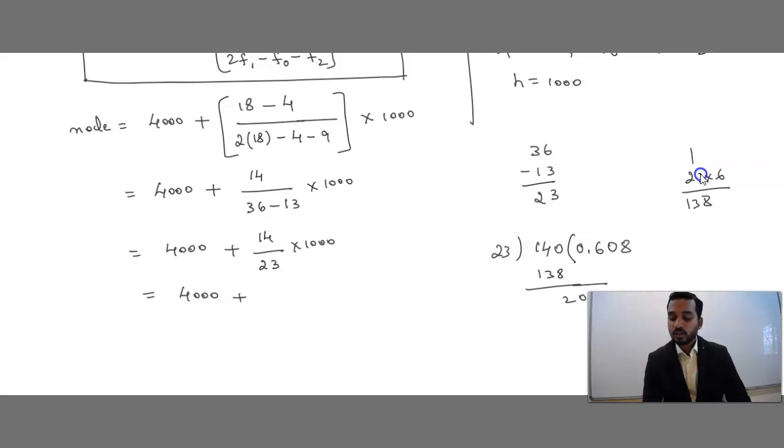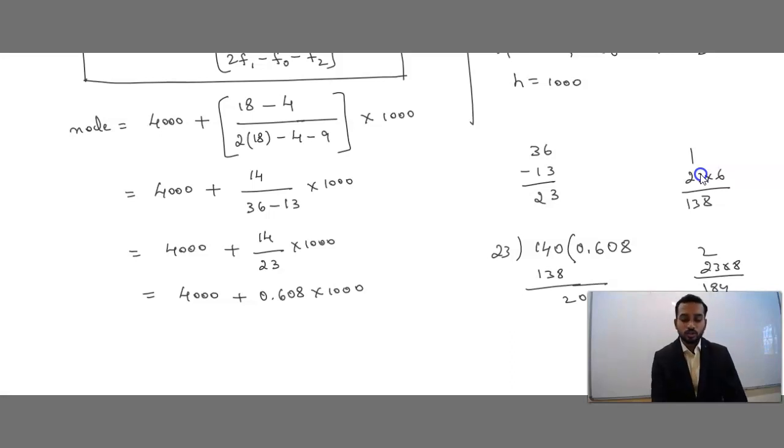Now we can see 23 8s are 184. 8 3s are 24. 8 2s are 16, 16 plus 2 is 18. 184. The numbers will go on continuing, so no need to worry. After 2 digits or 3 digits, you can stop. So directly we can write here 0.608 into 1000.